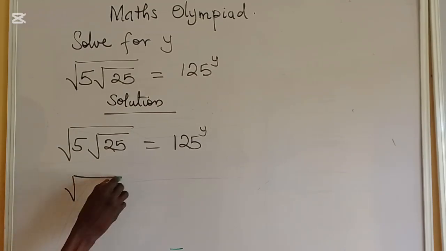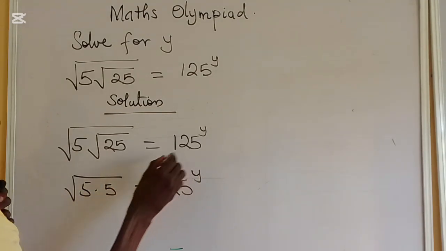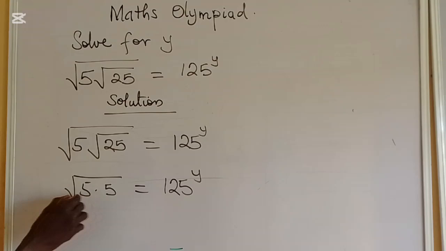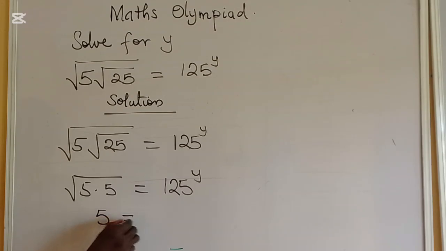So you will now have root 5 times 5 is equal to 125 raised to power y. Now, this is 5 times 25 again, so the square root of 25 again is another 5. So I will express this 125. How many times will you multiply 5 that will give you 125? It is 3.